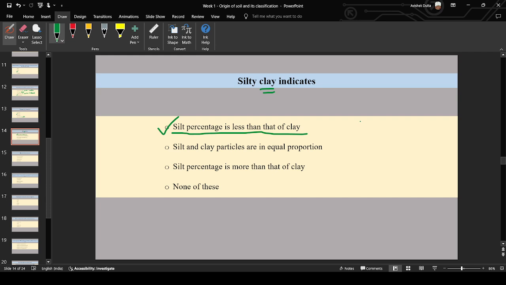Similarly, when we say silty clay, silt percentage is less than that of clay. Clay is the main soil, and apart from the main soil it has silt, so it is silty clay. I hope the explanation was clear. I will now go to the next question.